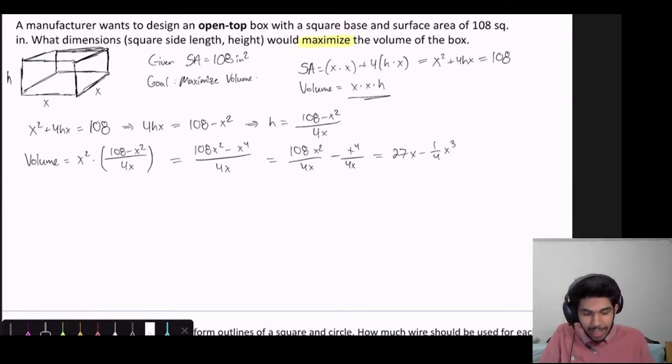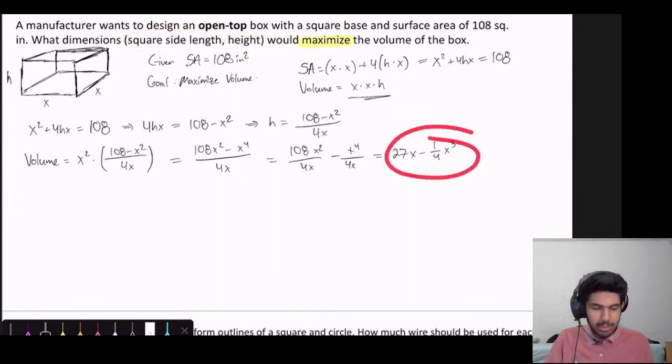Great, so now we have volume equal to something as a function of our side length. And we're trying to maximize this, and we want to find the side length and the height. So if we take the first derivative of this equation here and set it equal to 0, we will get a potential maximum for volume, and solving for x will give us the side length such that that volume is a maximum or minimum.